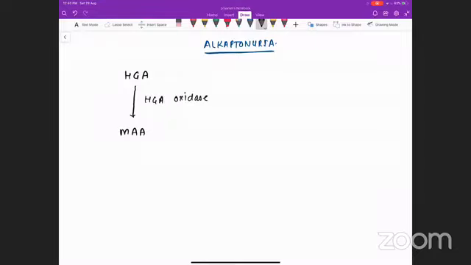We are saying there is a condition where we have deficiency of this enzyme. If there is deficiency, the reaction cannot proceed further, so there will be an increased amount of homogentisic acid. This increased homogentisic acid can convert into a different molecule called benzoquinone acetate.